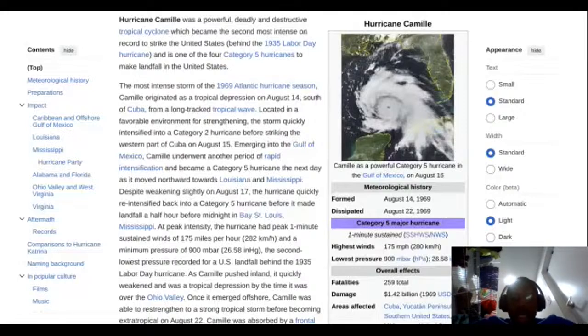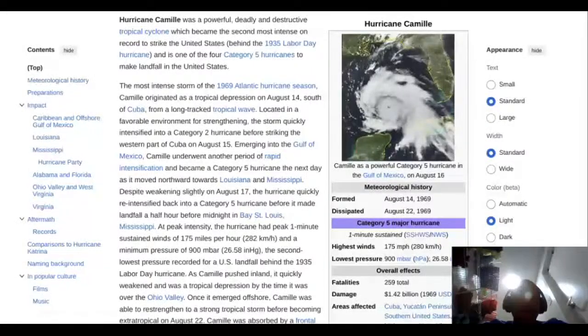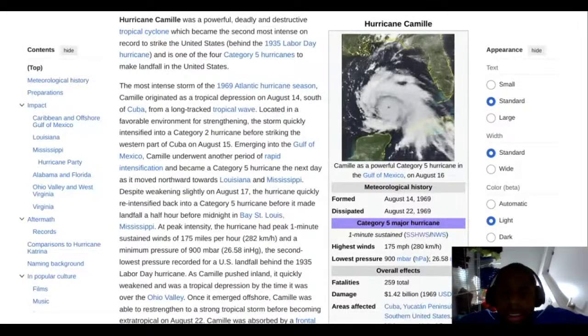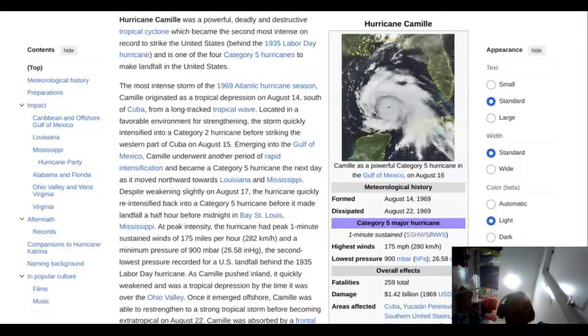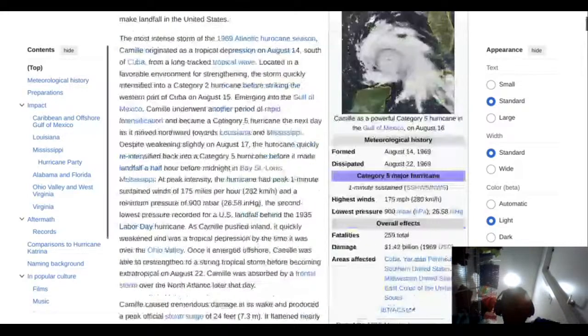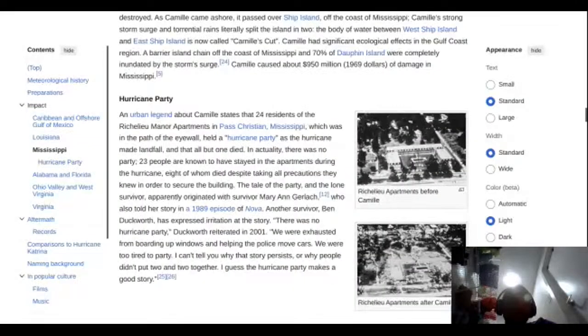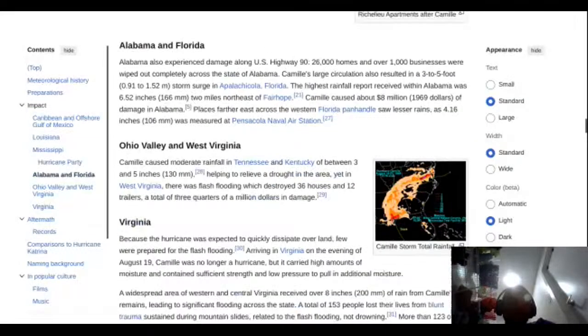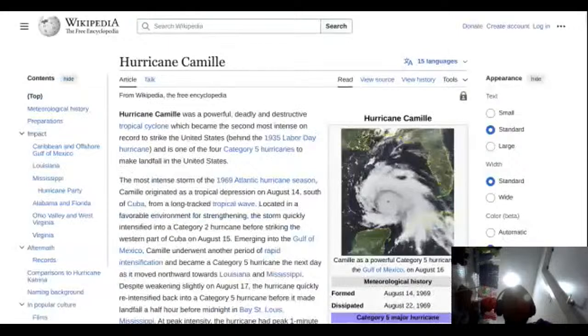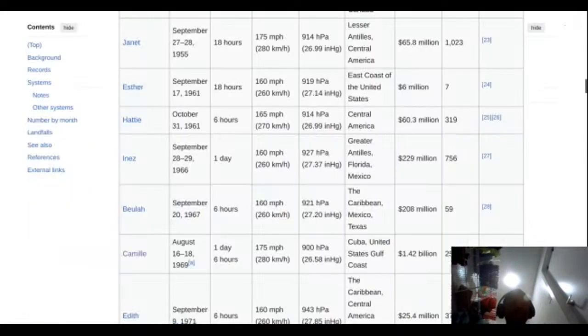It was a Category 5 major hurricane with wind speed of 175 miles per hour before it dissipated. Wow, that was so quiet.